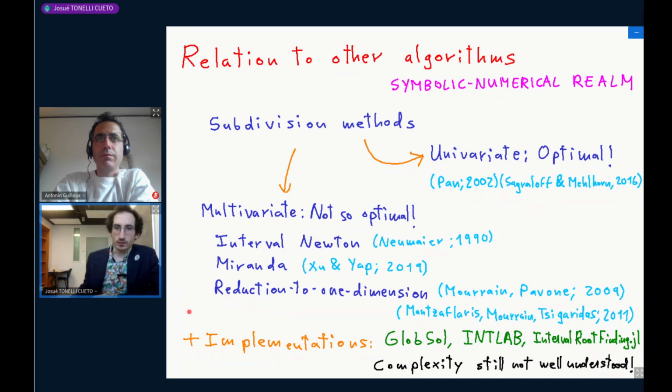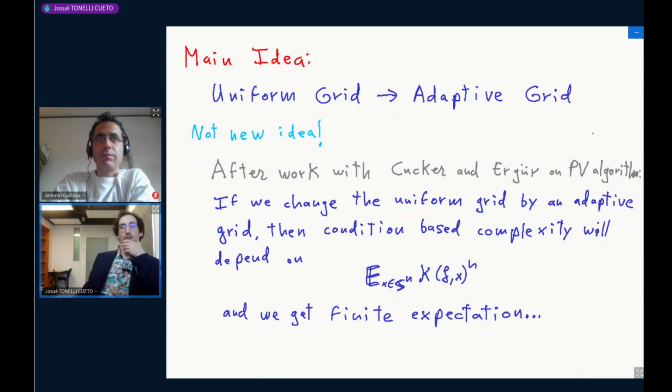Okay, so the main idea is essentially to pass from a uniform grid to an adaptive grid. I will give more details on this, but first a bird's-eye view. This is not a new idea. It essentially came with the work of Cucker and Ergür on the Plantinga-Vegter algorithm.